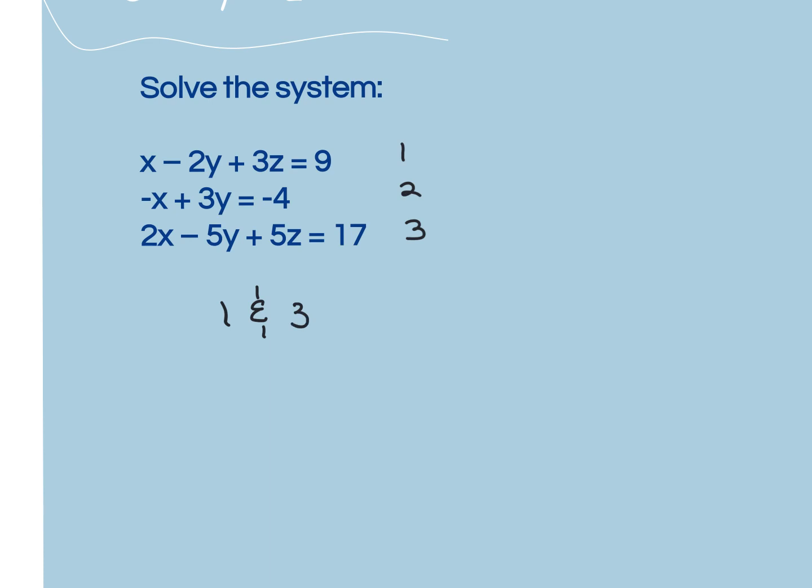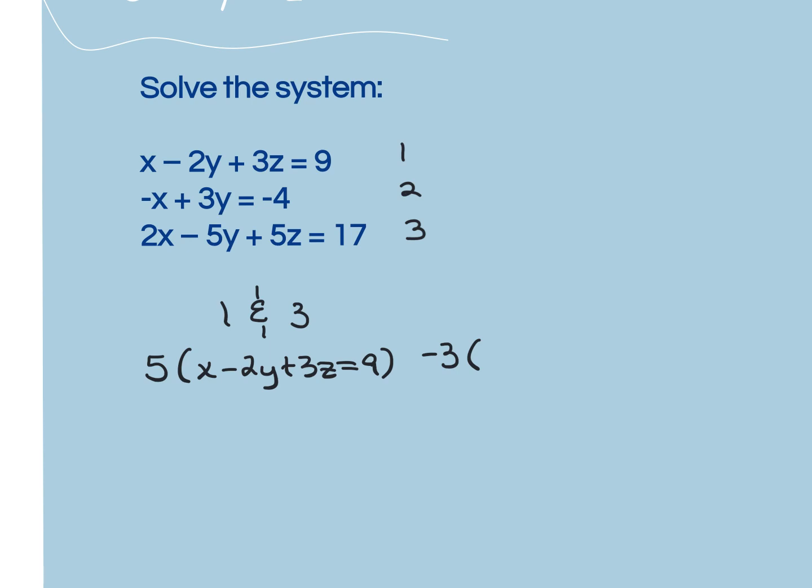However, in order to eliminate z, I need to multiply equation number 1 by positive 5, and I'm going to multiply equation number 3 by negative 3. And that will enable me to eliminate the letter z, and then I'm going to add that to equation 2. So x minus 2y plus 3z, I'm writing in equation 1, and I'm going to multiply it by 5.